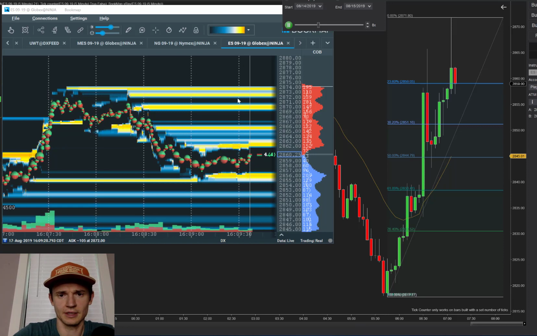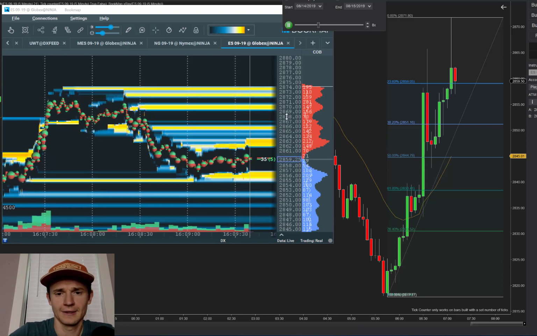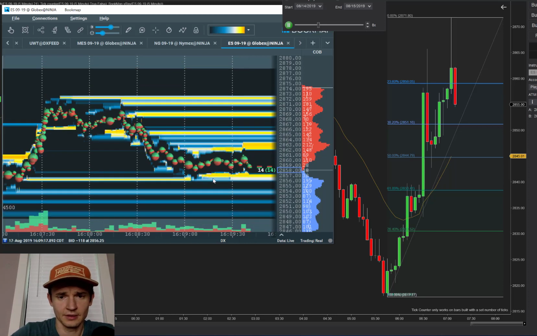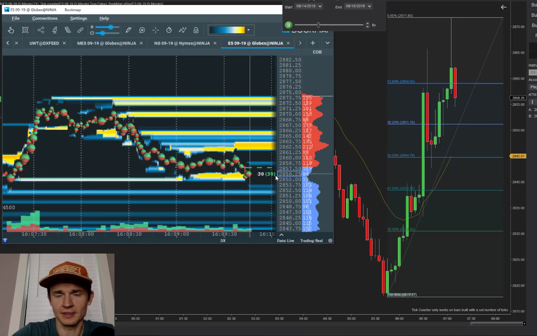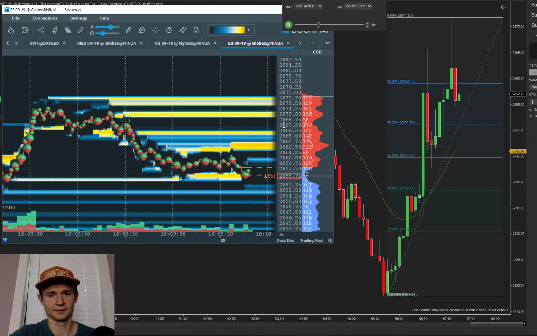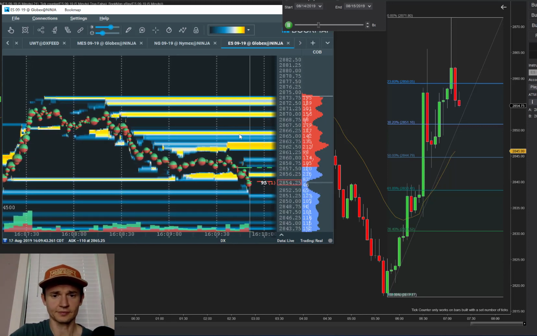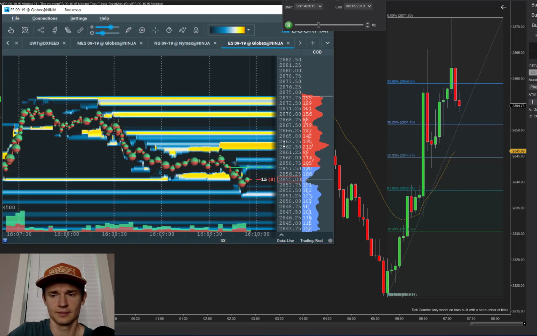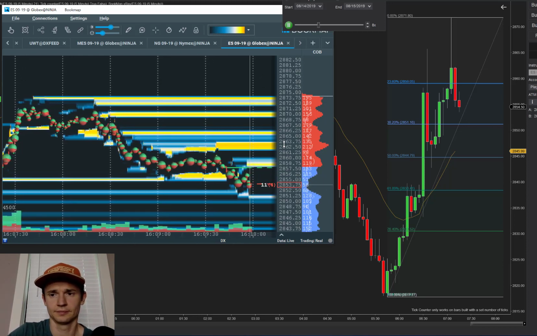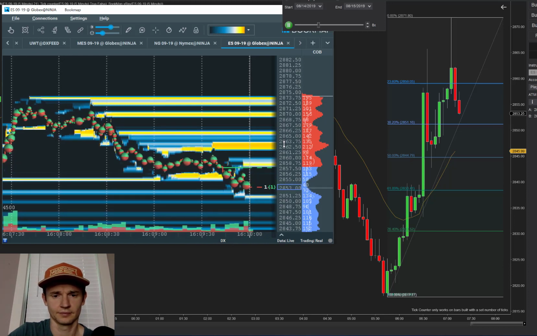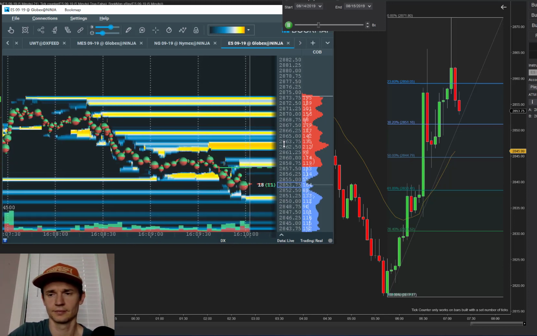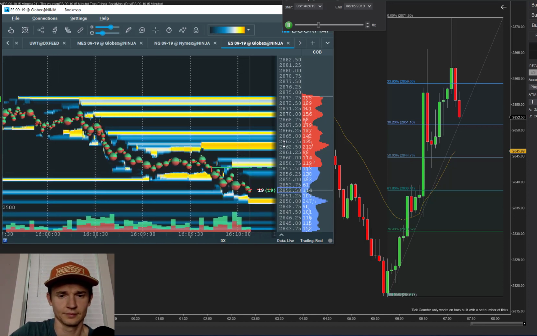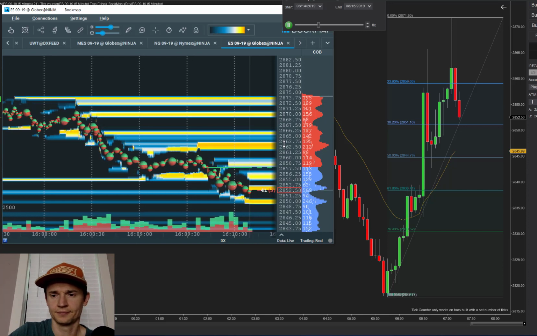You've got a whole lot of sellers sitting in the book right now. This little last gasp of the buyers are doing their best, but they get beat. Retrace down.